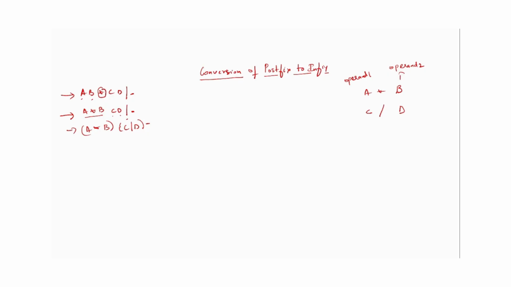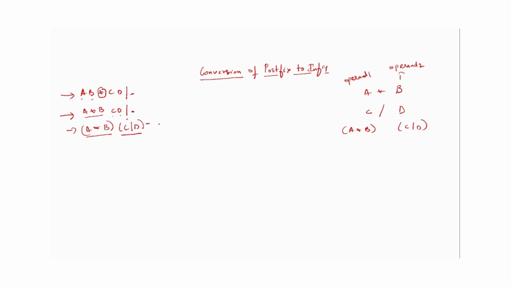Now again I scan from left to right. A star B is one operand, C by D is another operand, and then minus. A star B will become my operand 1 and C by D will become my operand 2.